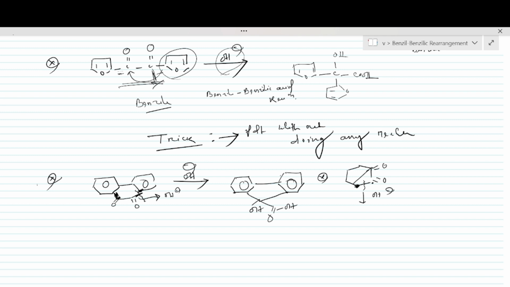So you got 1, 2, 3, 4, 5. So you got a 5 membered ring. So this is the 5 membered ring. And what is the criteria for benzilic acid? The same carbon contains both the hydroxy group and the carboxylic acid group. So this is the product you got. Okay, thank you.